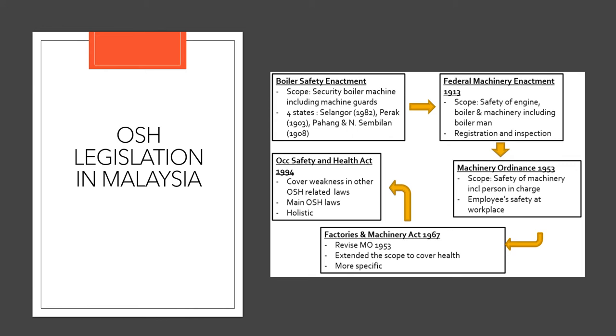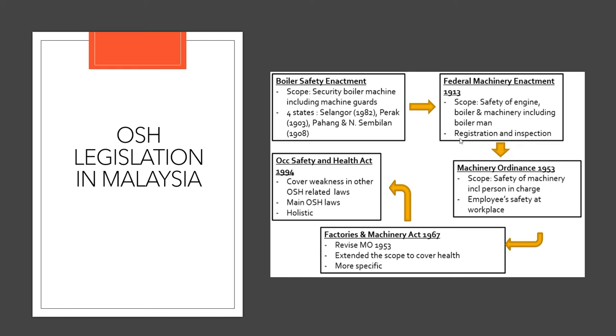For example, the first enactment, the Boiler Safety Enactment, only covered the scope for the security of boiler machines. And then they went to the Federal Machinery Enactment 1933. The scope is safety of engine, boiler and machinery, including the boilerman, yang menjaga mesin tersebut je lah.